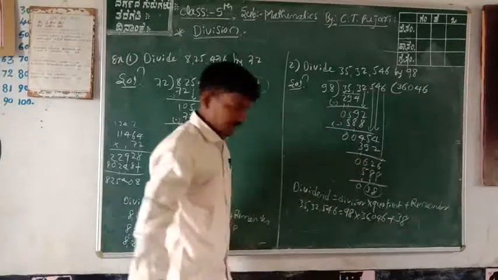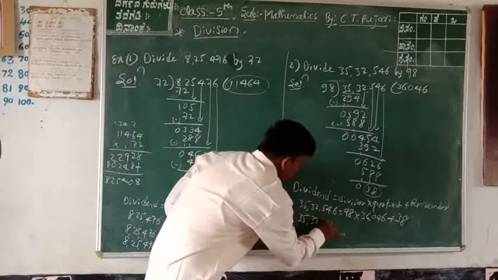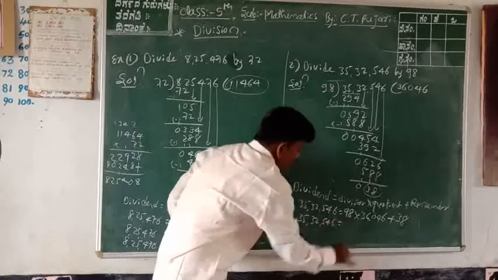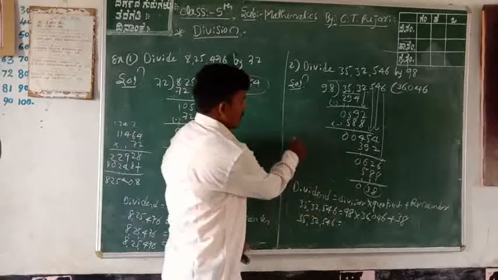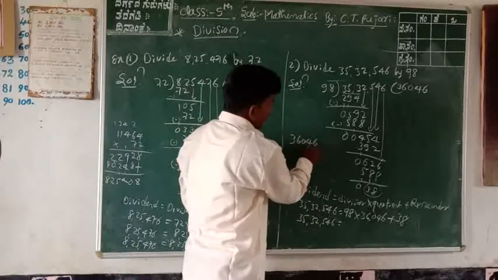Next, 35 lakh 32,546 is equal to the product of these two, 36,046 into 98.